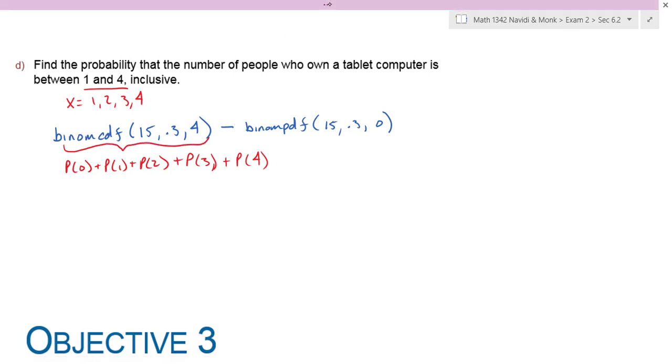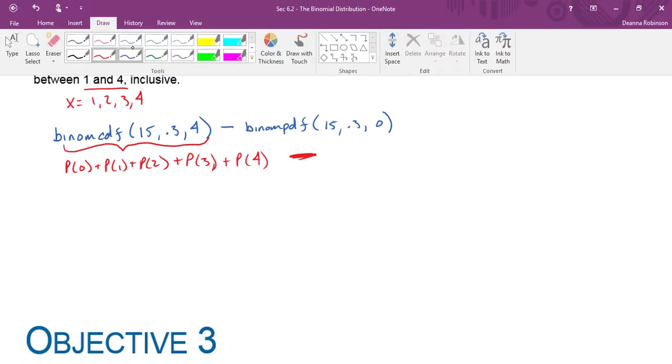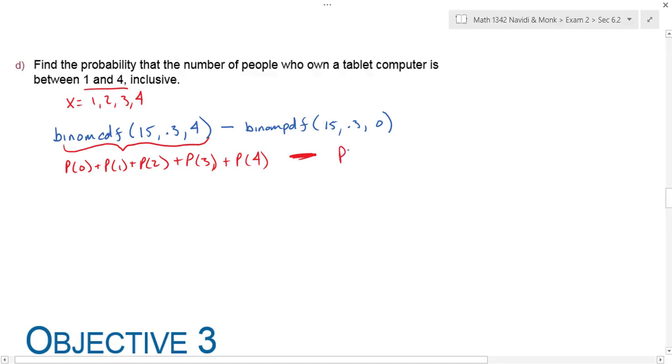And then I subtract from it the binomial PDF for 0, and that's just the probability of 0. So if I have all of this and I subtract P of 0, guess what I'm left with? These are going to cancel out, and I'm just left with what I wanted. X equals 1, 2, 3, and 4.